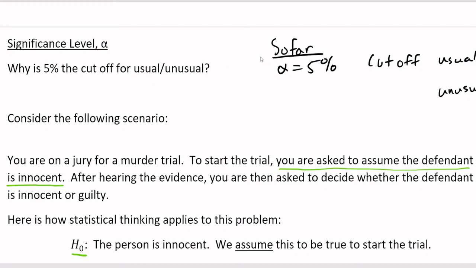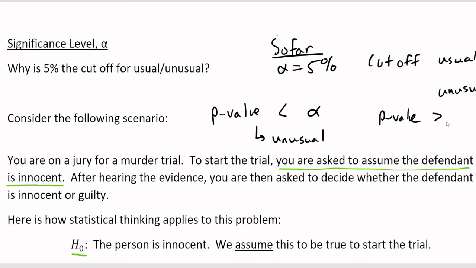The general idea is, what have we done so far? P-value, we've compared it to our alpha. If our p-value is less, unusual. If our p-value is bigger, usual. Right? This is what we've done so far. This doesn't change.